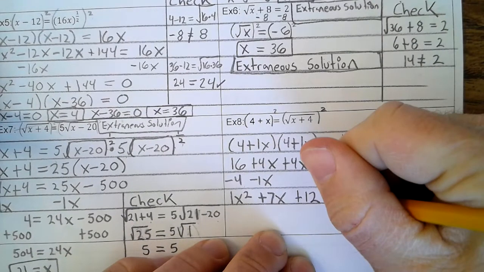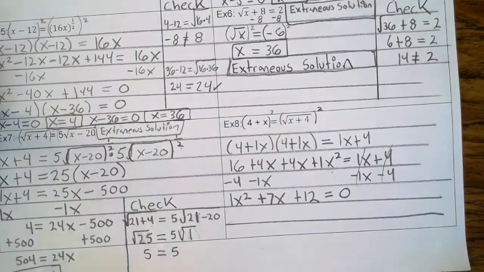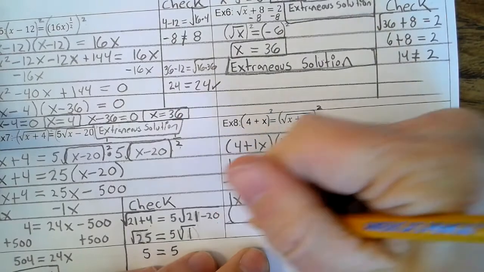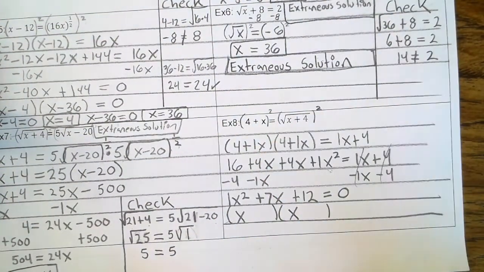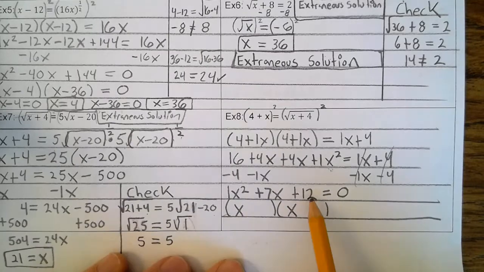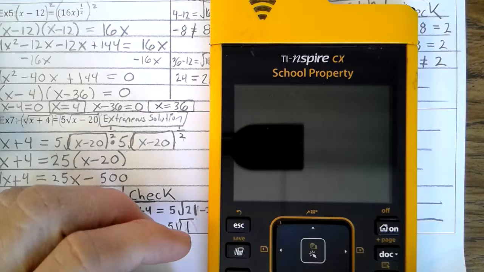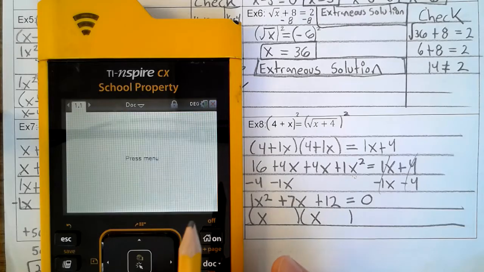All right, so you want to factor. We know x and x, and we want to find all the combinations that make 12 and combine to be 7. So again, you're going to want to use your calculator. I'm going to go to New Document, Add Graph, and take 12 divided by x, Control T, and I'm looking for all the factors.